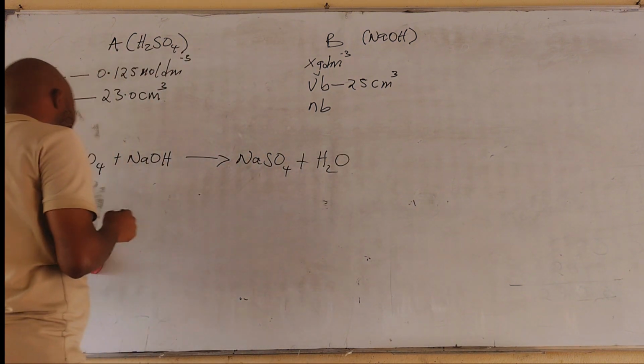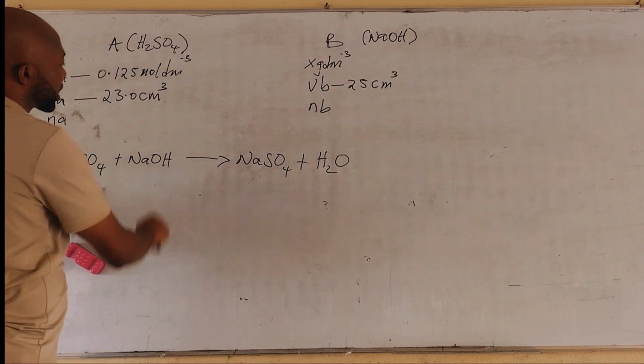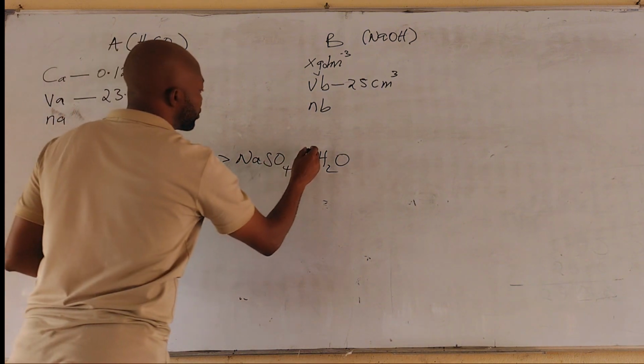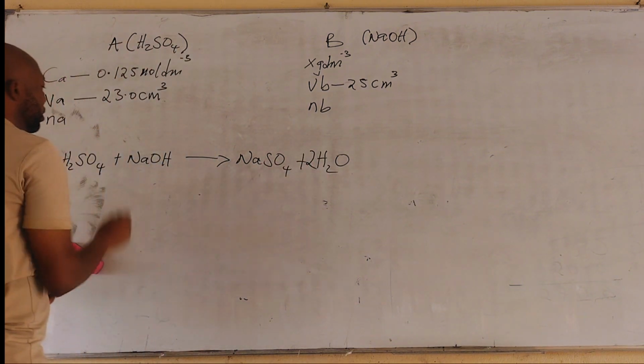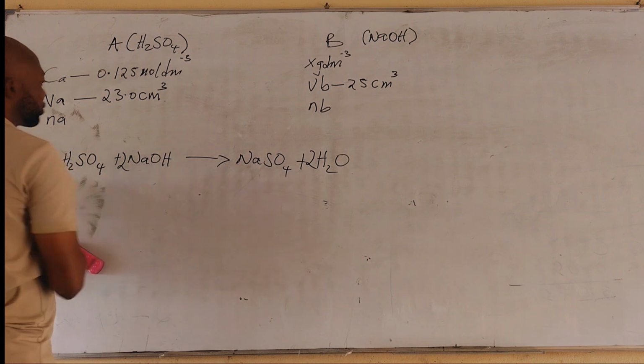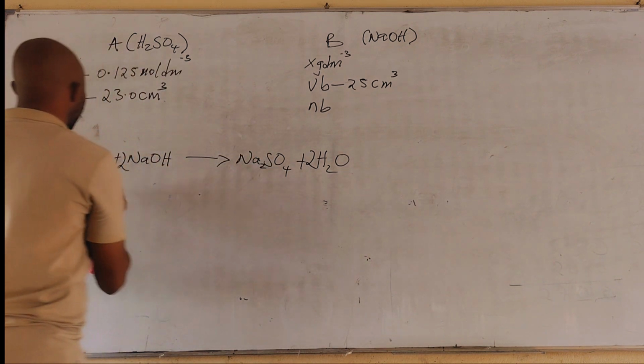So we check if it is balanced. We have 2 hydrogen here plus 1, 3, and here we have 2. So if I add 2 here, my hydrogen becomes 4, and I add 2 here, my hydrogen becomes 4. That's 2 plus 2, 4, therefore. Now sodium is 2 here, so sodium is 2.